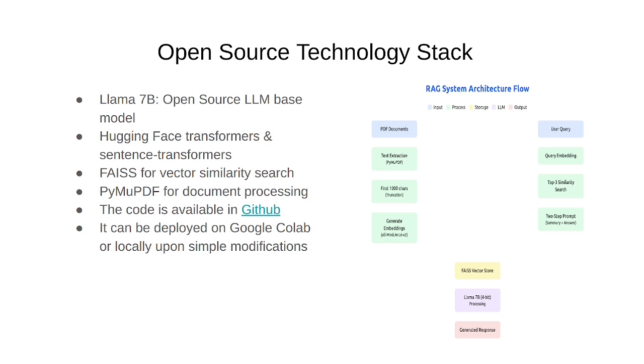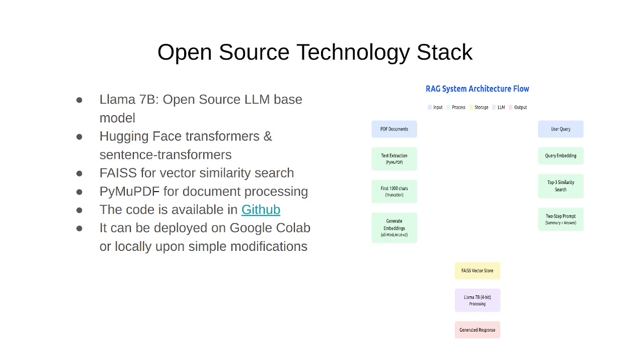On the right side of the diagram, you see what happens when a user asks a question, so a query, which is converted to the same vector format and uses FAISS to find the three most similar document chunks from the knowledge base.